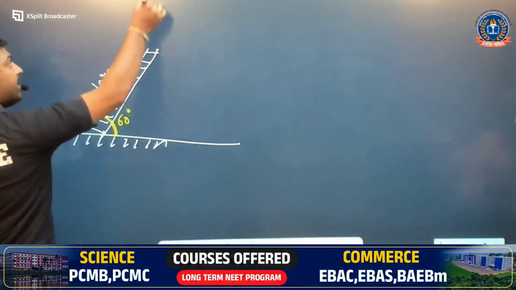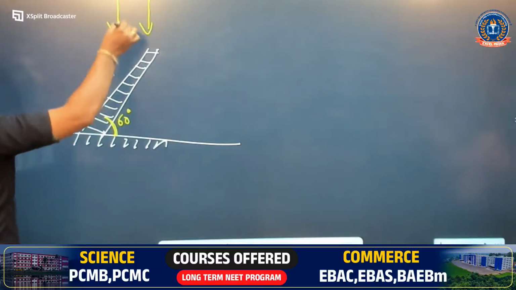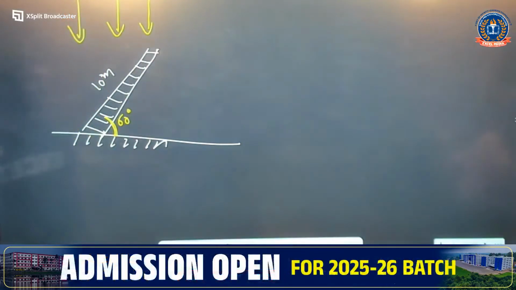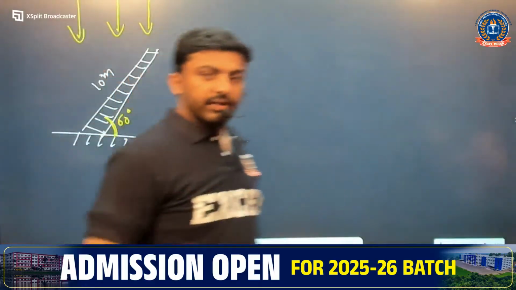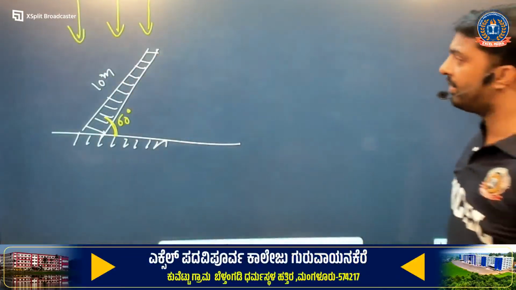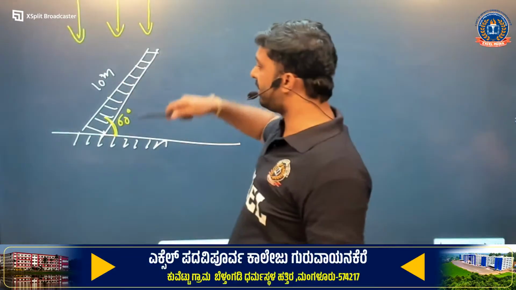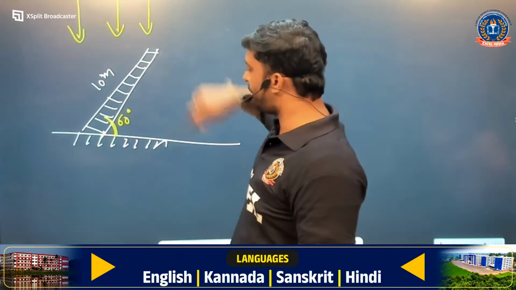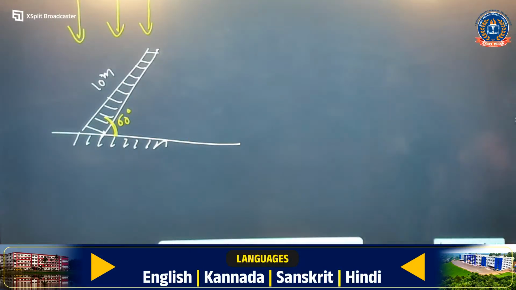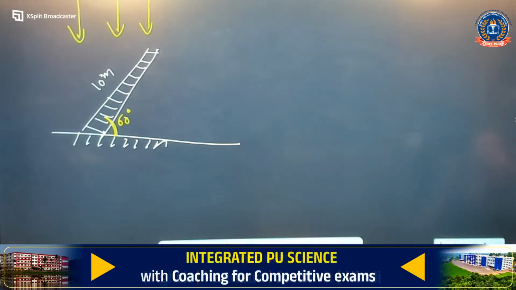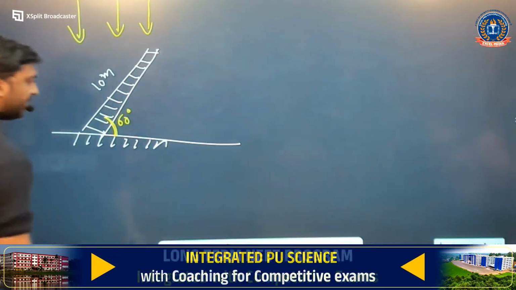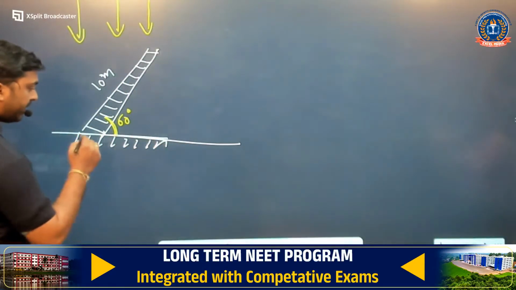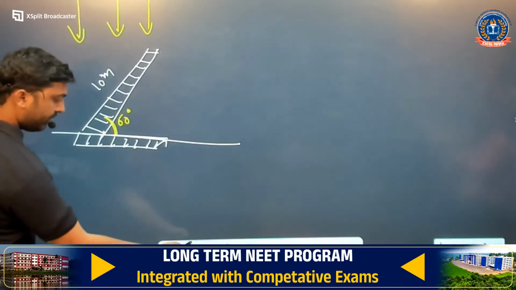Now a light is coming exactly from top to bottom. Now what happens? We have a ladder, and there is a light coming from top. What happens now? We will get the shadow, right? We will get the shadow here.